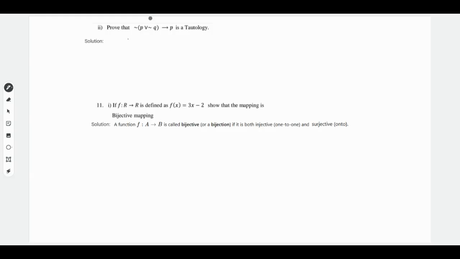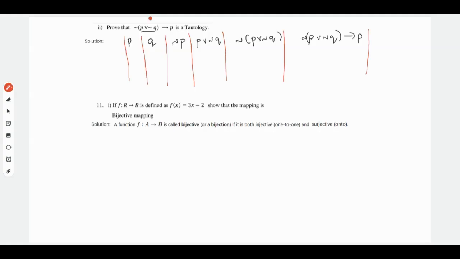So that is P, Q, then negation P, then P or negation Q, then negation of P or negation Q, and then negation P or negation Q implies P. First you should write down the headings that we have. So we need 4 values.